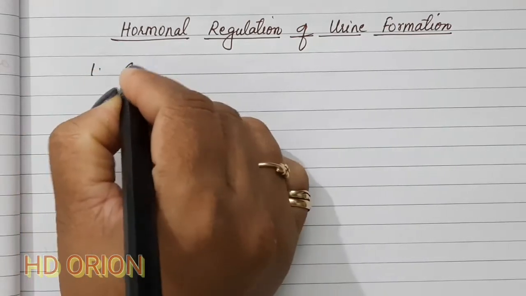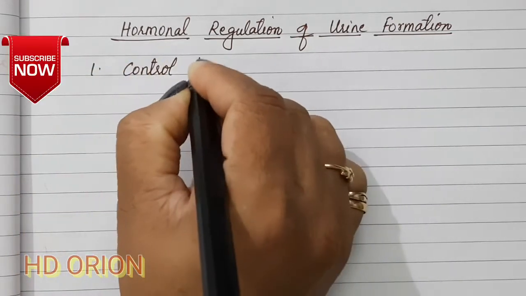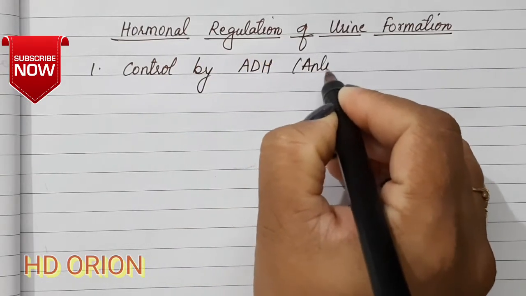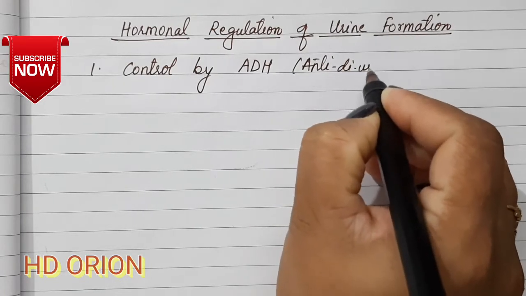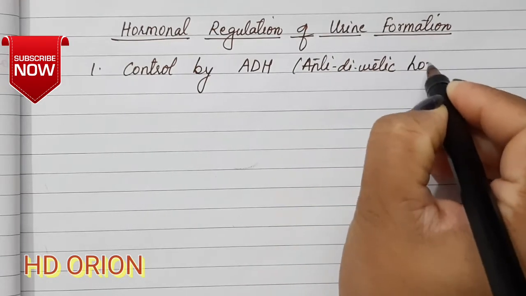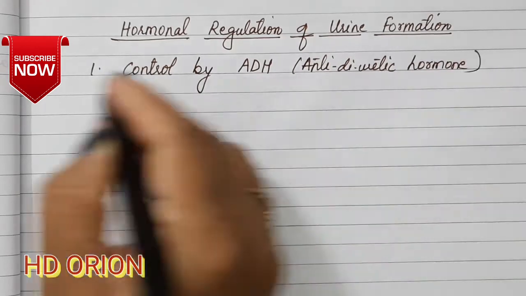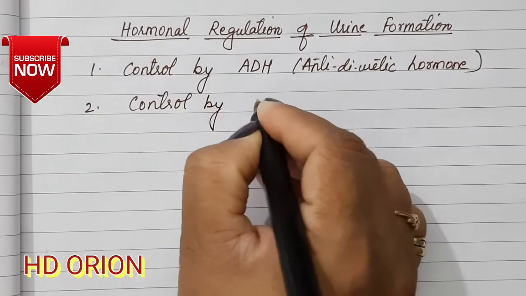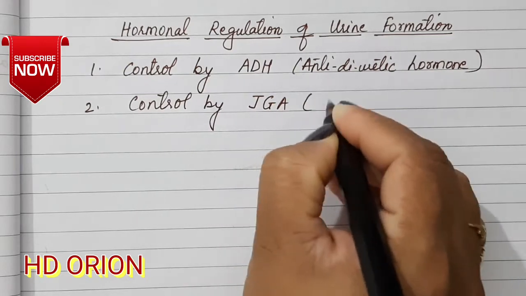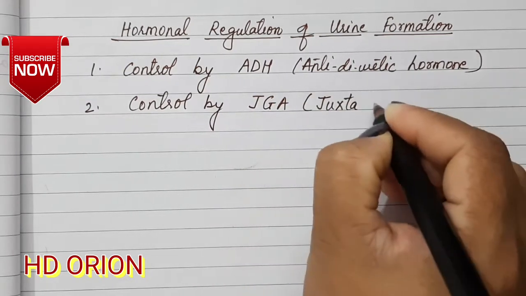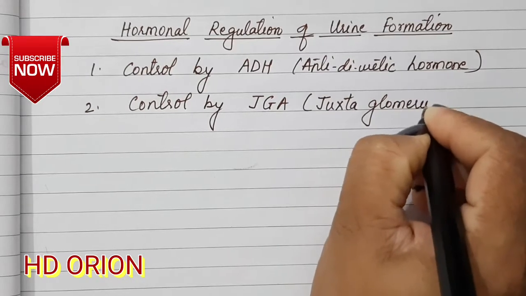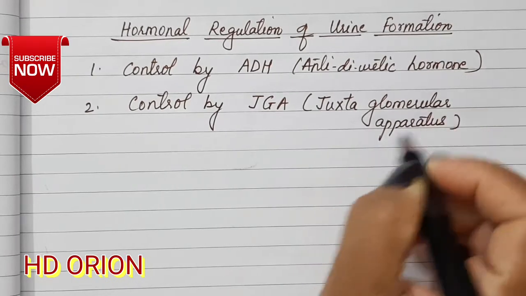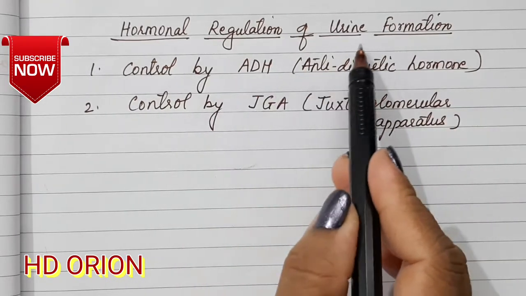The first is control by ADH, which is anti-diuretic hormone, and second is control by JGA, which is juxtaglomerular apparatus. So these two help in regulation of urine formation.